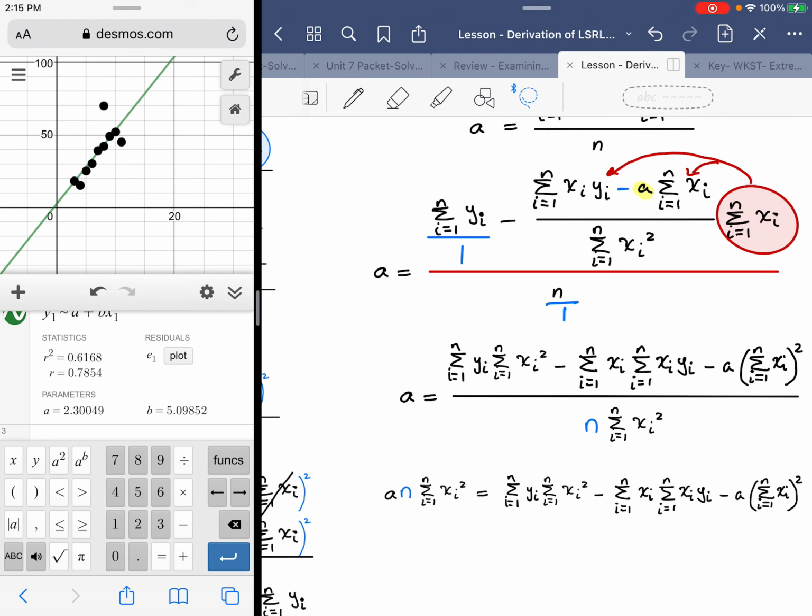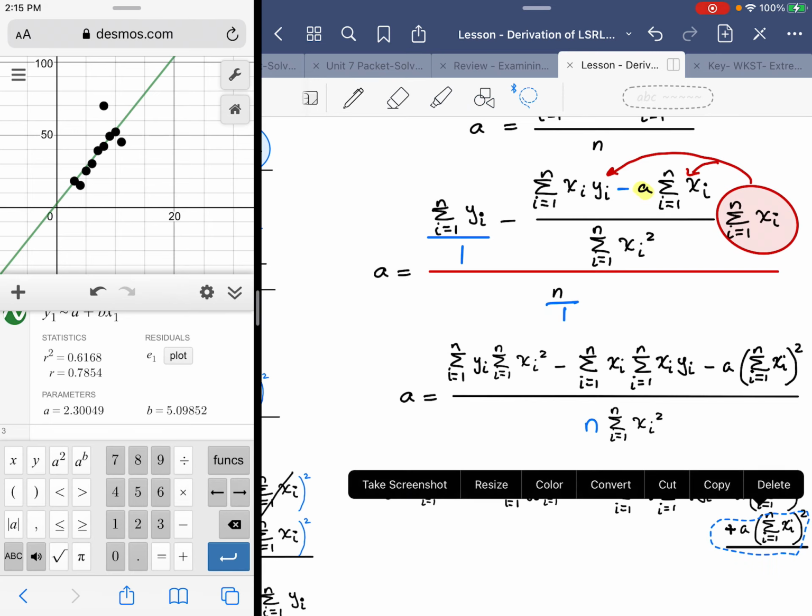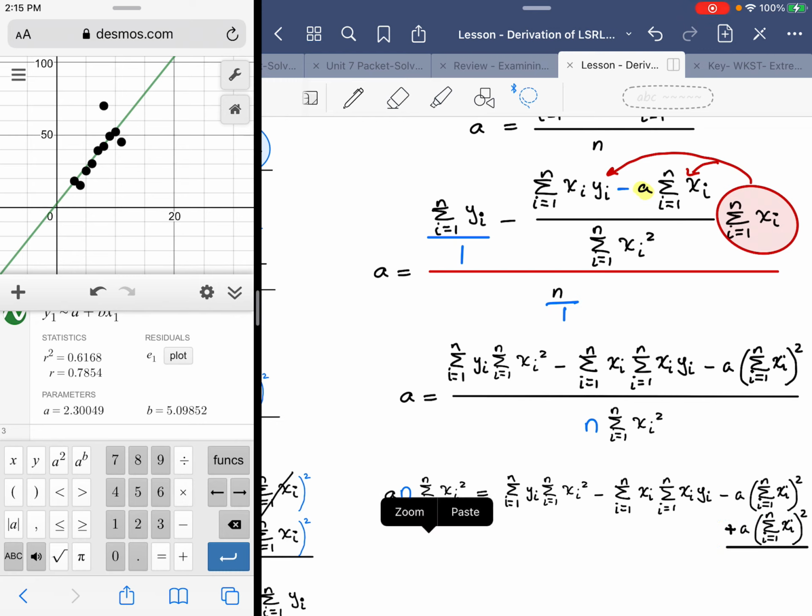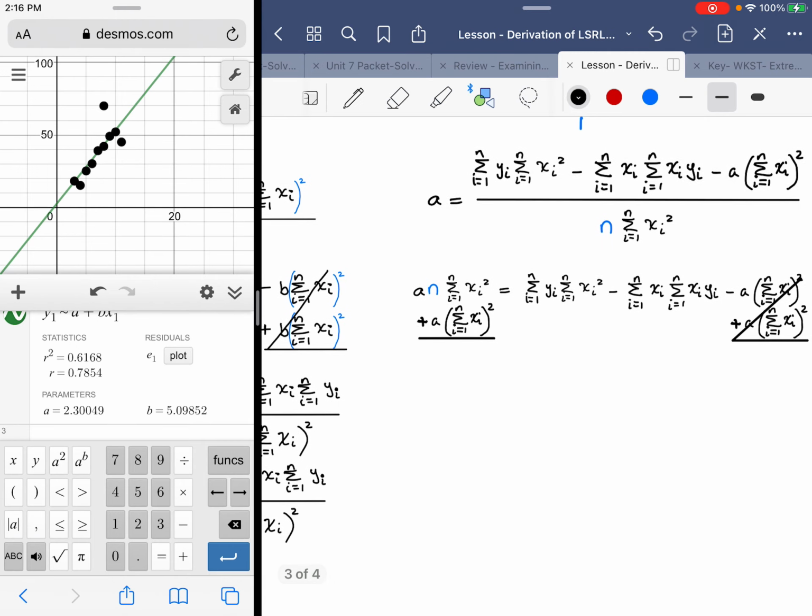So then I'm going to add this. At least this part should feel like a little bit of deja vu, very similar to what we were doing on the other side. I'm going to add to both sides. Then we'll do what we did over there. We'll factor out the a, except this time we'll factor out something. In this case, it's the a. Before, it was a b, for those keeping score at home.